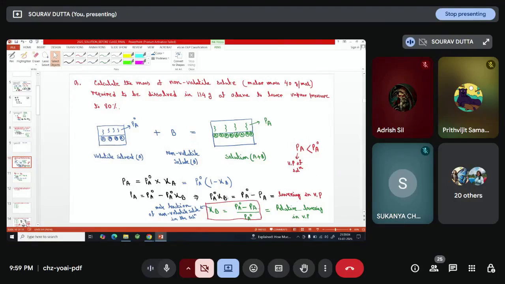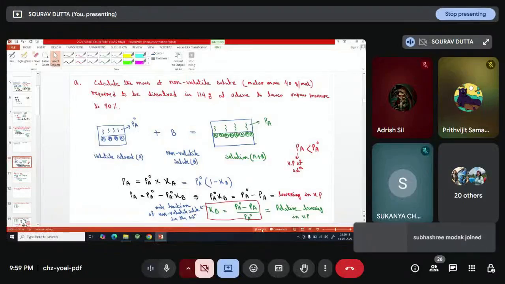Now if we divide by PA naught, so XB is basically PA naught minus PA, with PA naught in the lower section. You will get PA naught minus PA divided by PA naught. This term is known as relative lowering in vapor pressure.